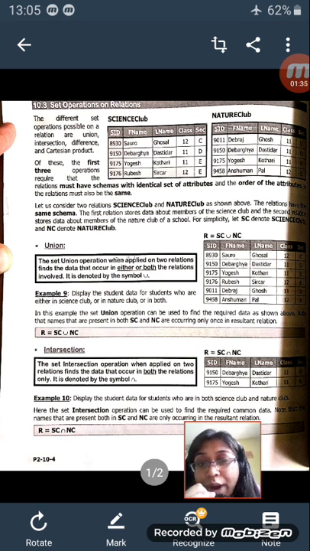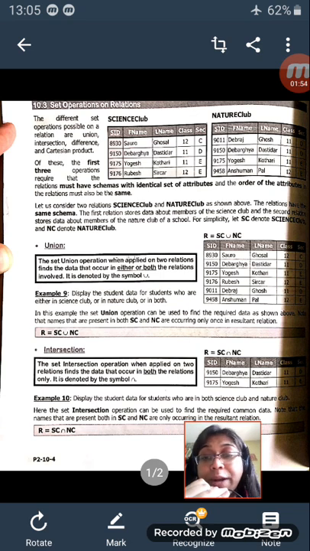So first, I am going to discuss the concept of the union set operation. What is it stating? The set union operation, when applied on two relations, finds the data that occur in either or both of the relations involved.